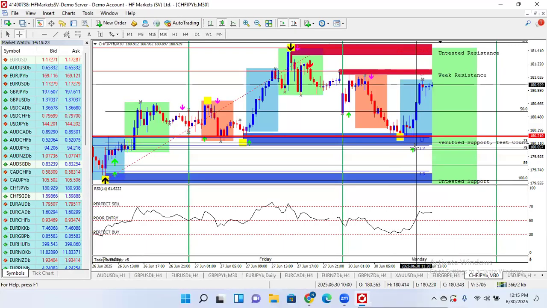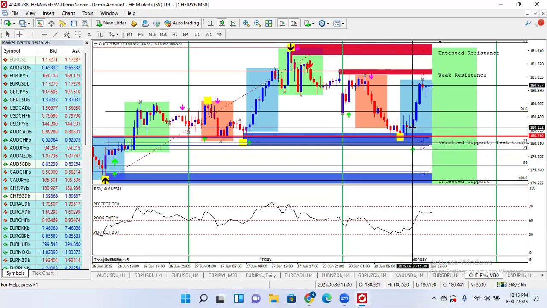So I waited for my alert to come, and I took this straight stop loss, 19 pips, and I left around here, 63 pips. That's simple day trading, even though today is Monday.